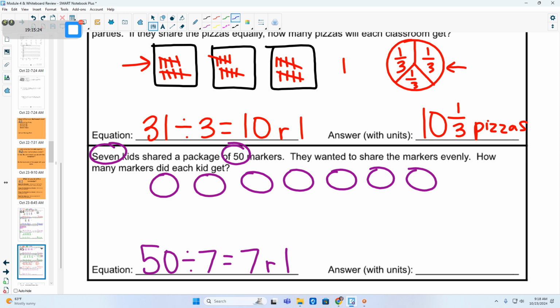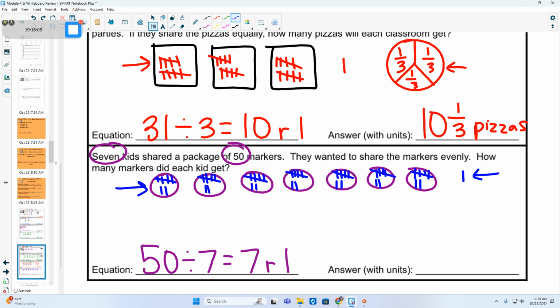And then put some tally marks, okay? 1, 2, 3, and so on, up to 49 with 1 marker left over. So look, each kid gets 7 markers, and there's 1 marker left over.